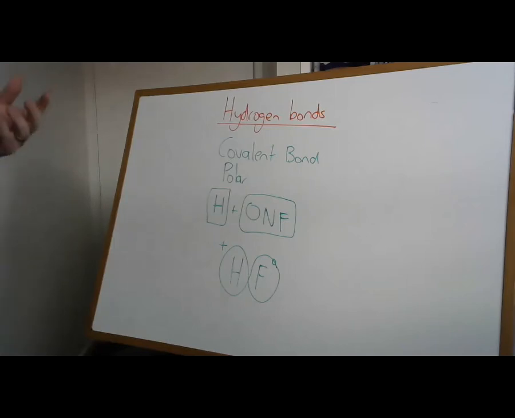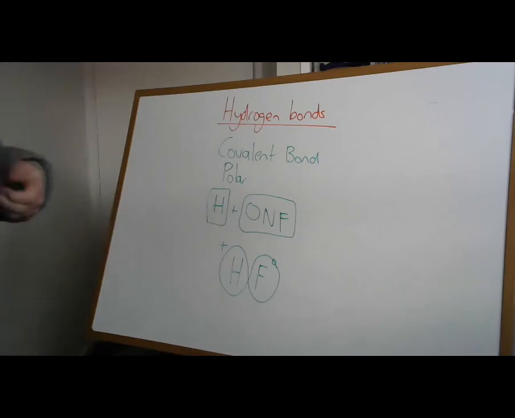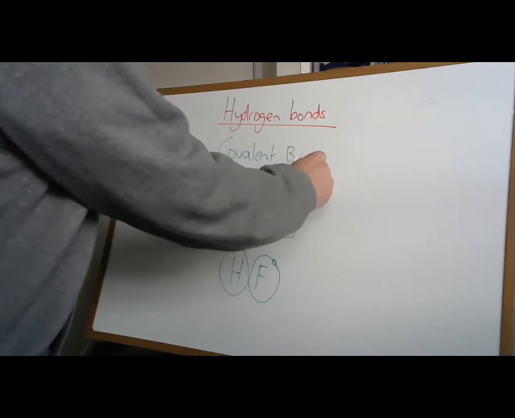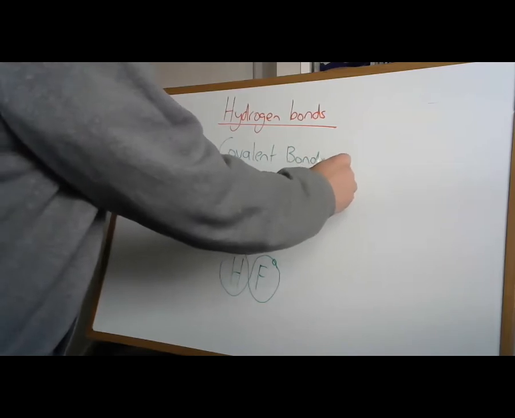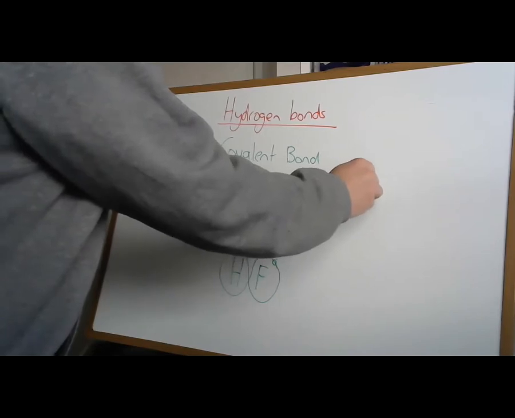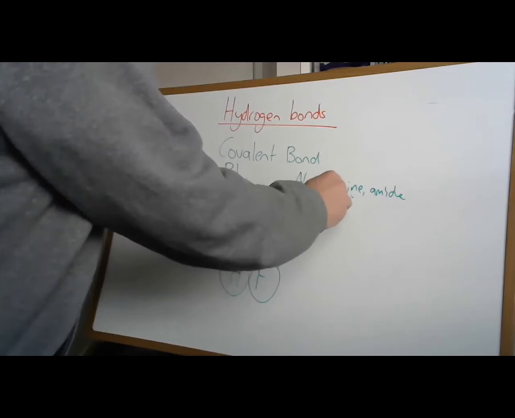Again, we won't spend a huge amount of time, but if you see hydrogen bound to oxygen, nitrogen, or fluorine, it's an alcohol, amine, amide, or carboxylic acid.